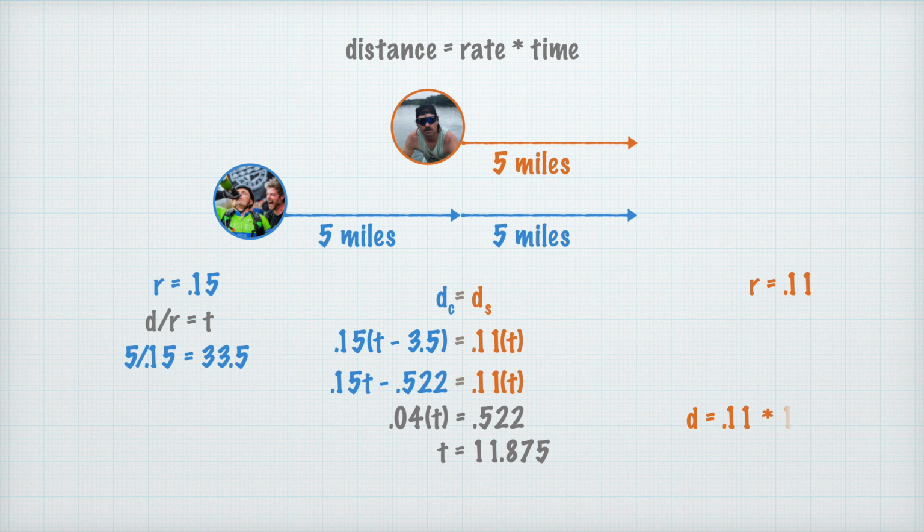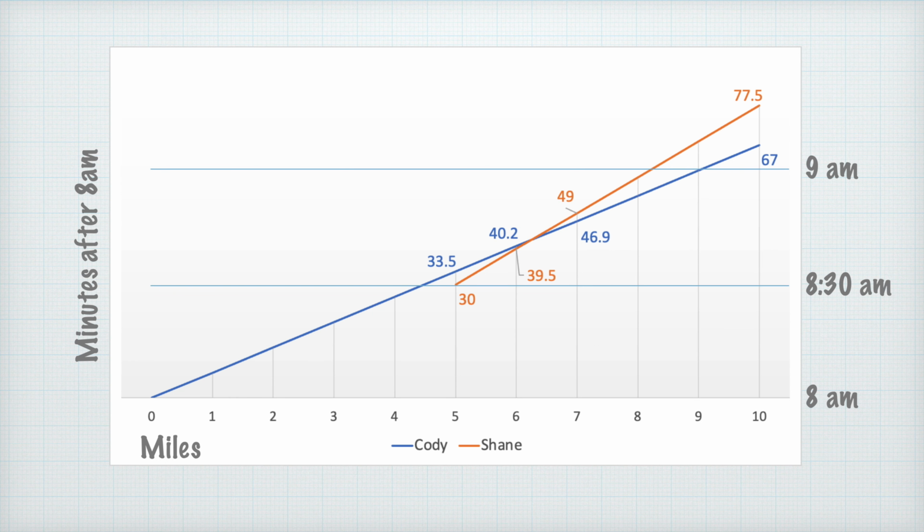If distance equals Shane's rate times this time that we know, then it's going to be 1.25 miles where Cody will likely catch Shane. Of course, I had to do a chart. Cody starts the race, and then you can see at mile 5, Shane will start 30 minutes later.